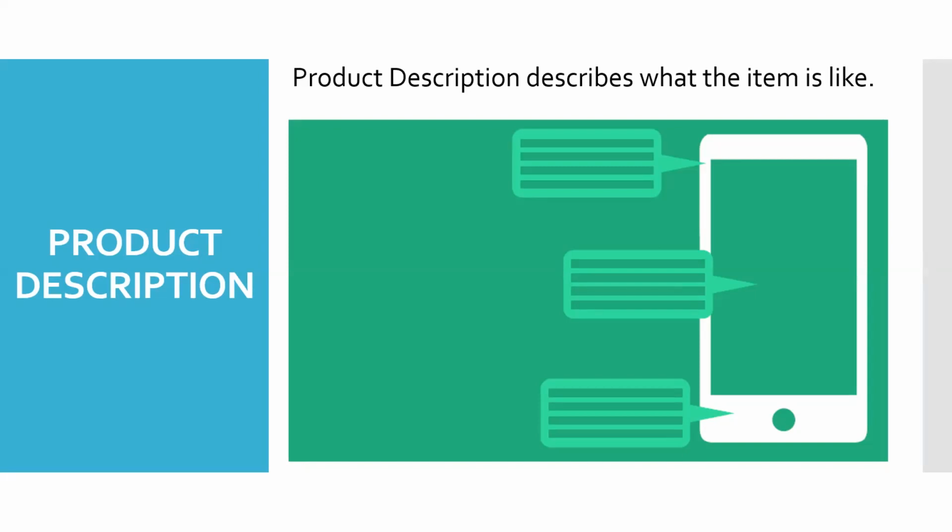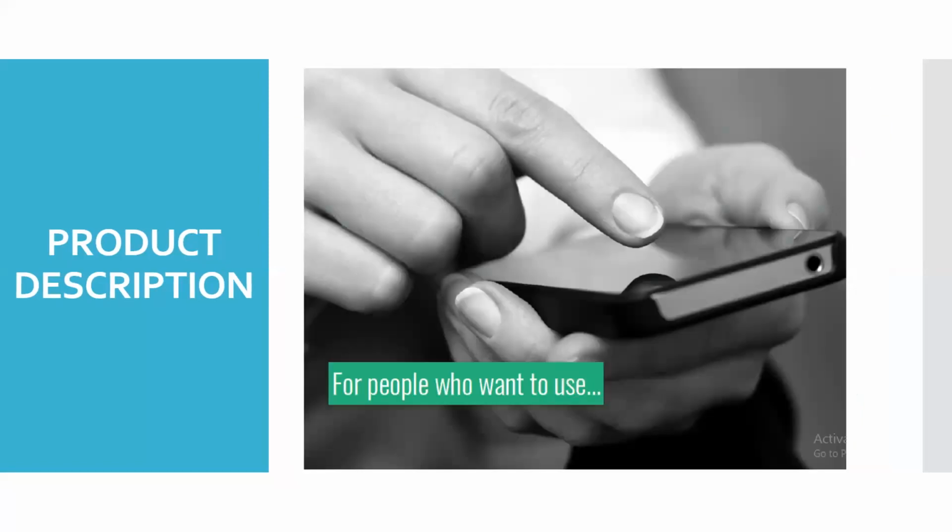You read what the memory is, what the camera is, what the memory storage is, how much is expandable, what the screen size is, what the different aspects are that make it different from the rest of the mobiles, etc. That is called product description. It is made for people who want to use that particular product.